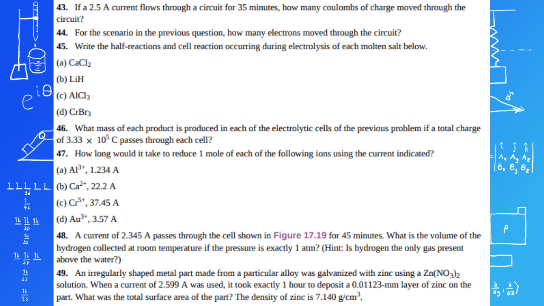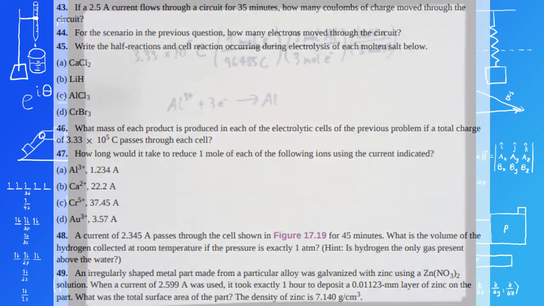Let's do gold. Let's do part D. So we've got a current of 3.57 amperes, or coulombs per second in other words, and you've got gold 3, to be specific, which requires 3 moles of electrons per mole of gold.